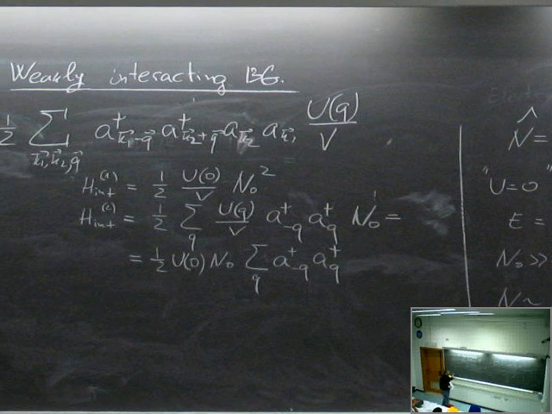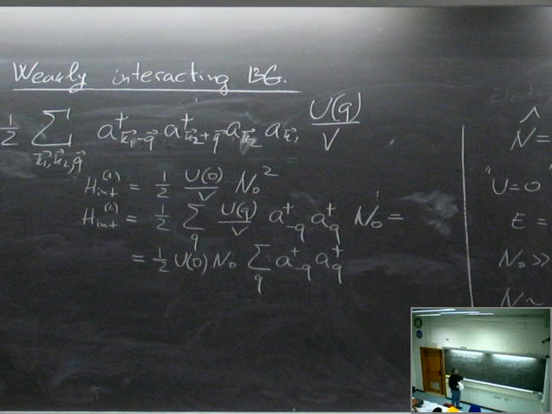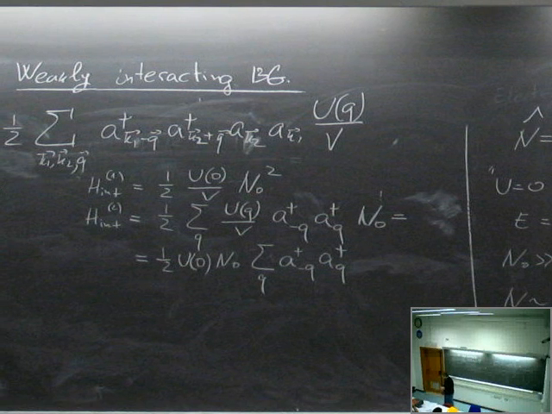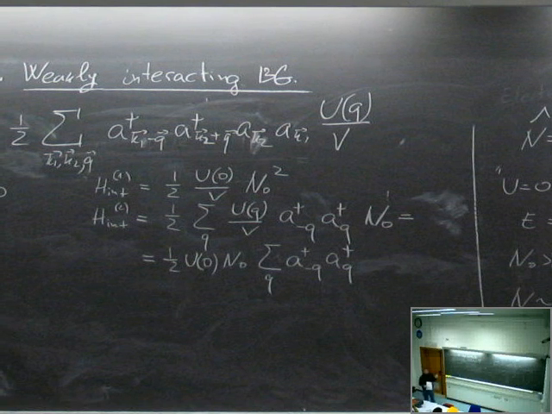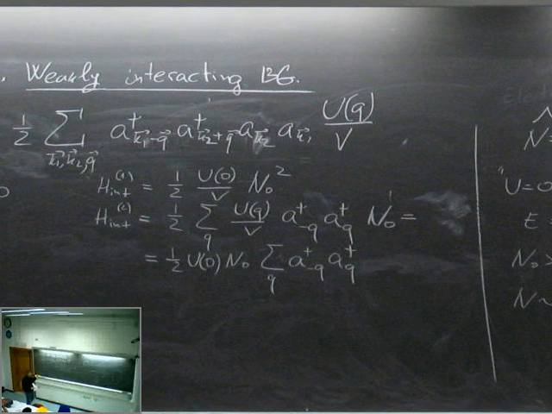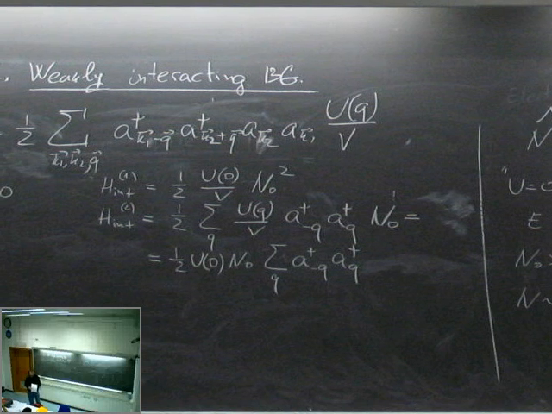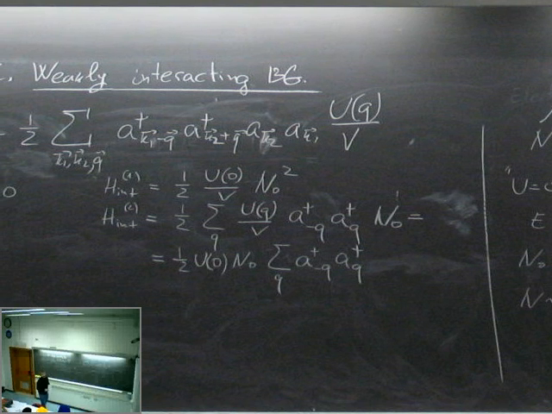The reason to do it is to consider, at the end of the day, the situation with charged bosons. Suppose you have charged bosons, like fermions, which we discussed now.